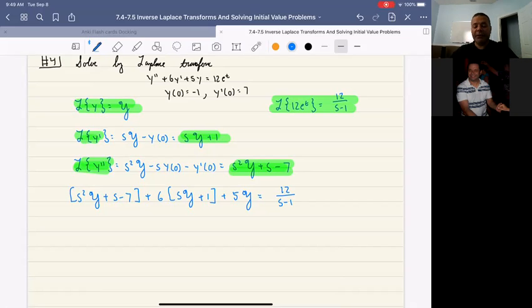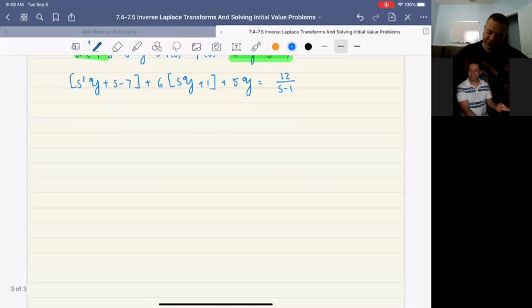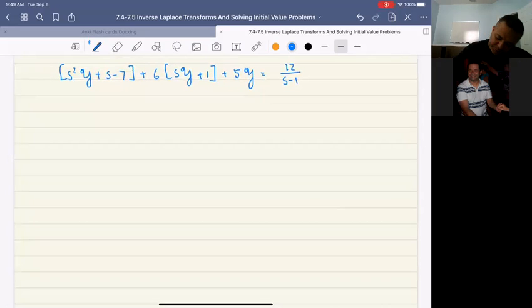now I'm going to go ahead and try to get y by itself. So y times s squared plus 6s plus 5.